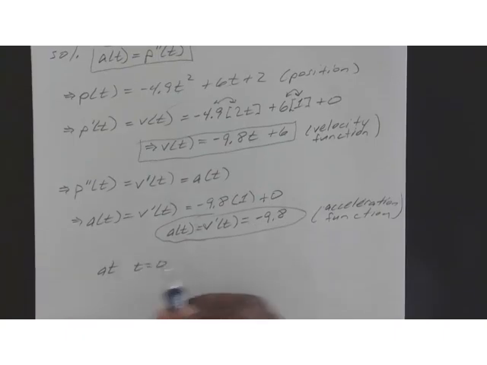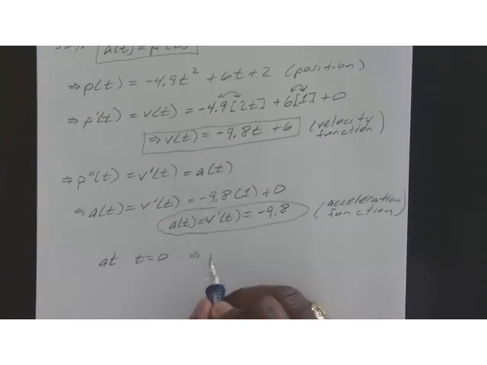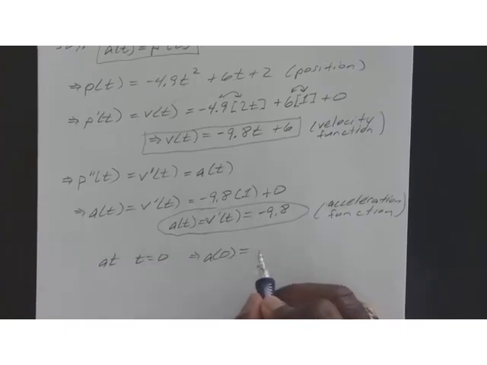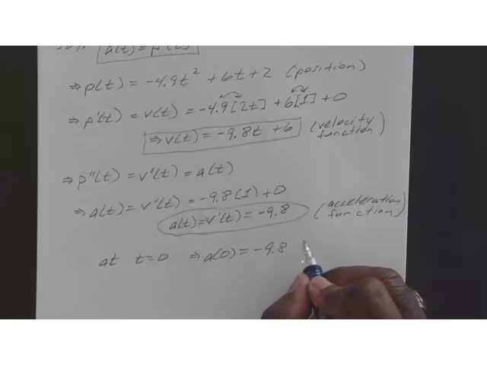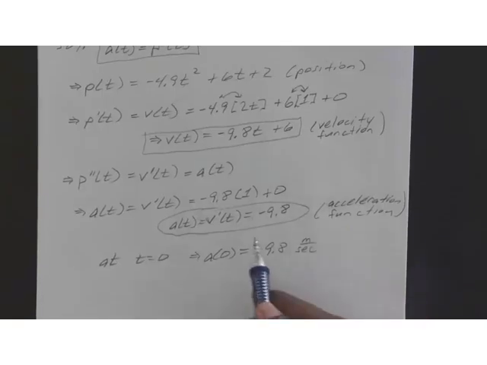So we know at t equals 0, the acceleration at t equals 0 is still negative 9.8 meters per second squared, because there's no t to replace. All right. Any questions on that one?